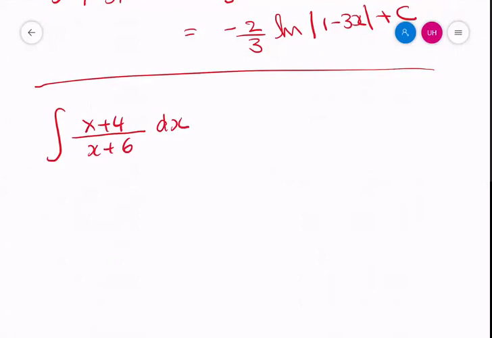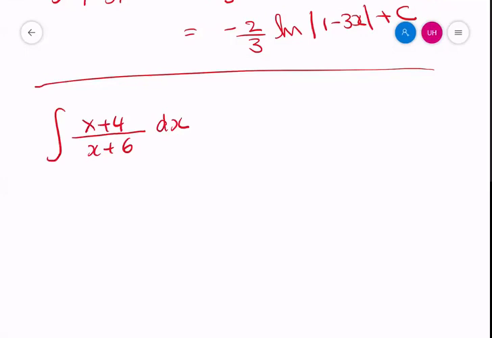Okay, this kind of question, because we have x at the top and x at the bottom, it's not really easy for us to solve it straightforwardly, and we can't say this is ln x plus 6 because we have x at the top. There is a way to do this. It's a bit tricky.